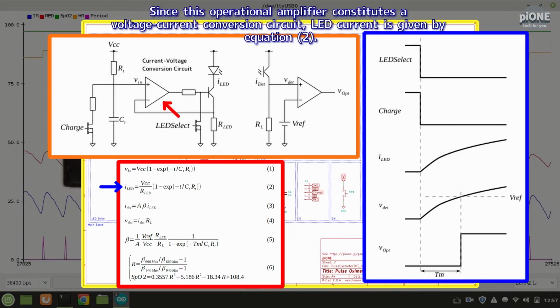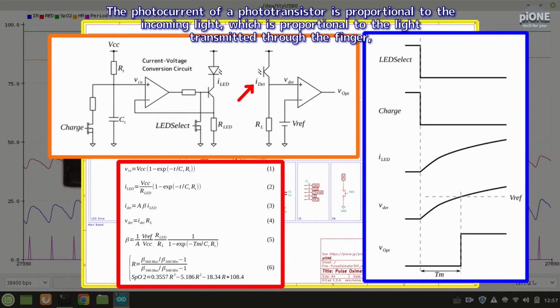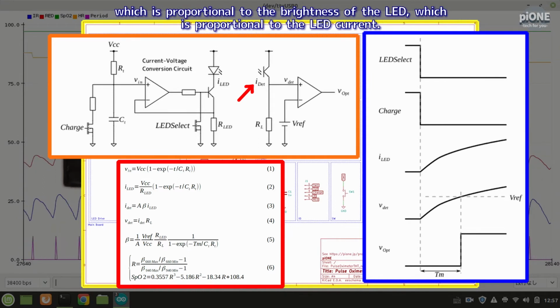Since this operational amplifier constitutes a voltage-current conversion circuit, LED current is given by equation 2. The photocurrent of a phototransistor is proportional to the incoming light, which is proportional to the light transmitted through the finger, which is proportional to the brightness of the LED, which is proportional to the LED current.